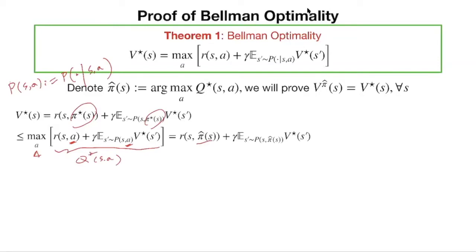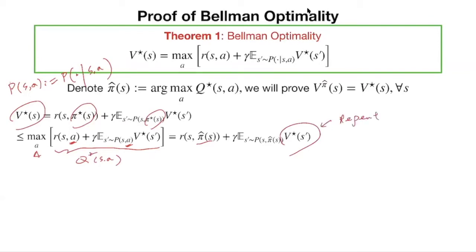All right, so now we can do something pretty cute here. If you look at where we start from, v star s, where we end we get another v star s prime, which is v star at the next time step. So let's just repeat the same process again and get a recursion expression.